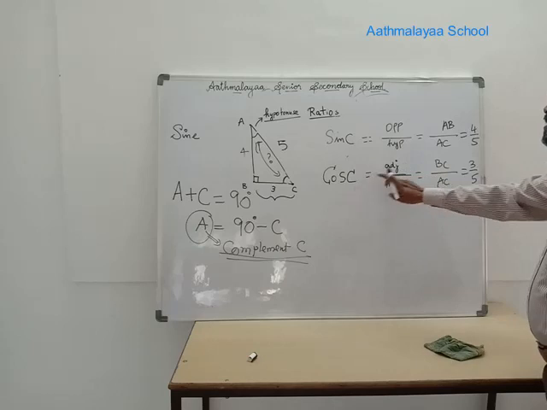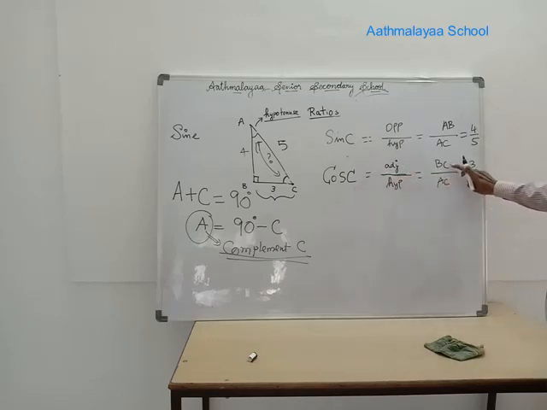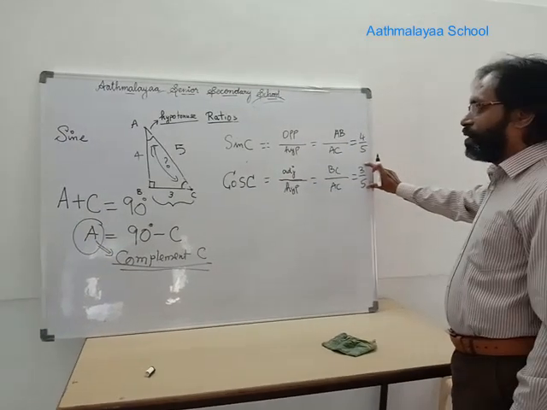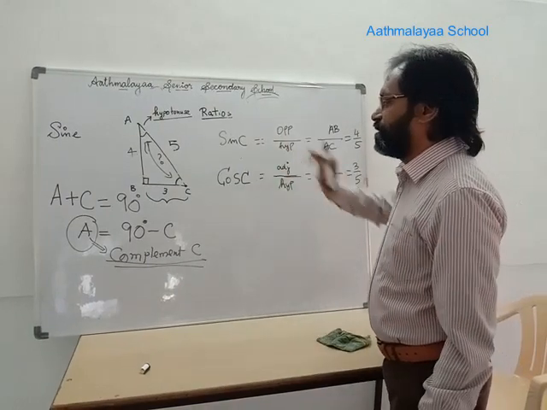So cos C is adjacent by hypotenuse, which is equal to BC by AC, which is equal to 3 by 5. That is how the new name cosine of C comes.